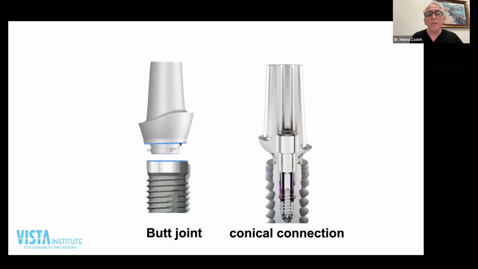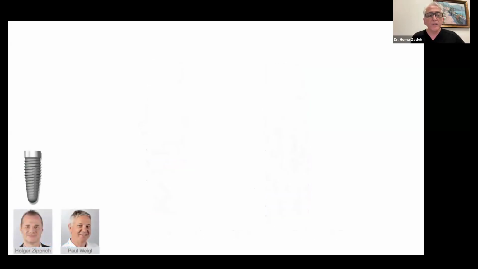So if you have two flat surfaces that are meeting, a butt joint connection versus a conical connection, a cone in cone connection, these are very different and they behave differently. These two gentlemen, Paul Weigel and Holger Zipprich, they're from University of Frankfurt, and they've done some very interesting studies to visually illustrate differences in these types of connections.